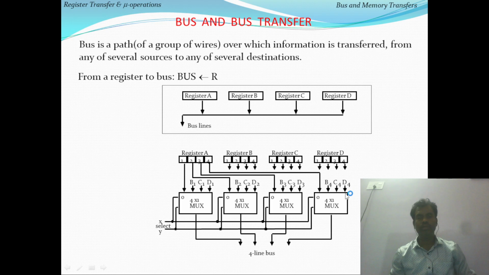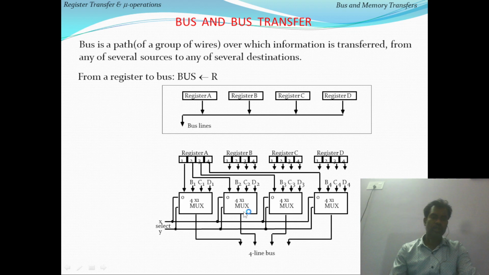It has four inputs, since four registers are there, so it is a 4 by 1 multiplexer. If we want to transfer register A, only the first bit of A will be transferred from the first mux. Similarly, the second bit of all the registers is connected to the second mux, in order. The first register's bit is connected to the first line, the second register's bit to the second line, and so on.